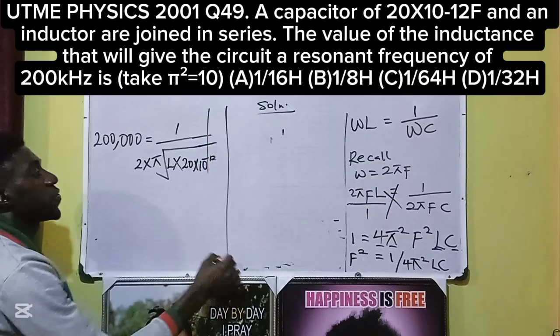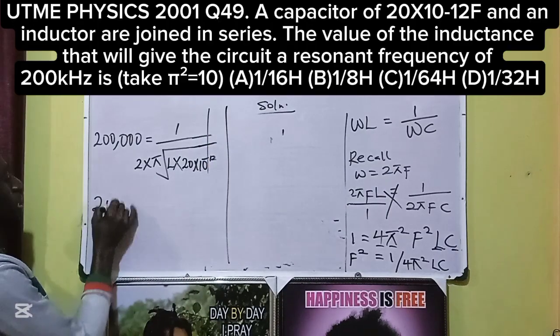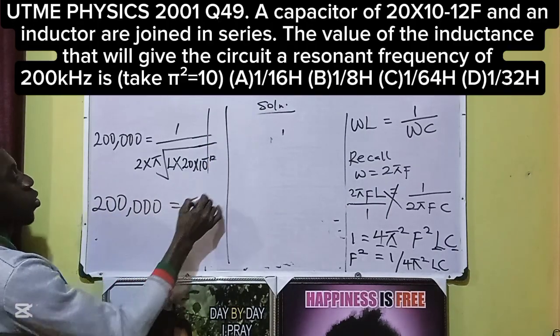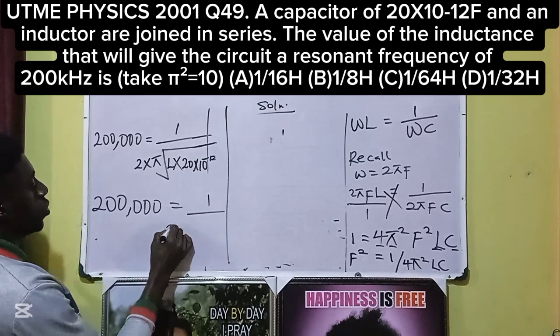Then let's forge ahead. So we'll maintain 200,000 equals 1 over 2 pi.